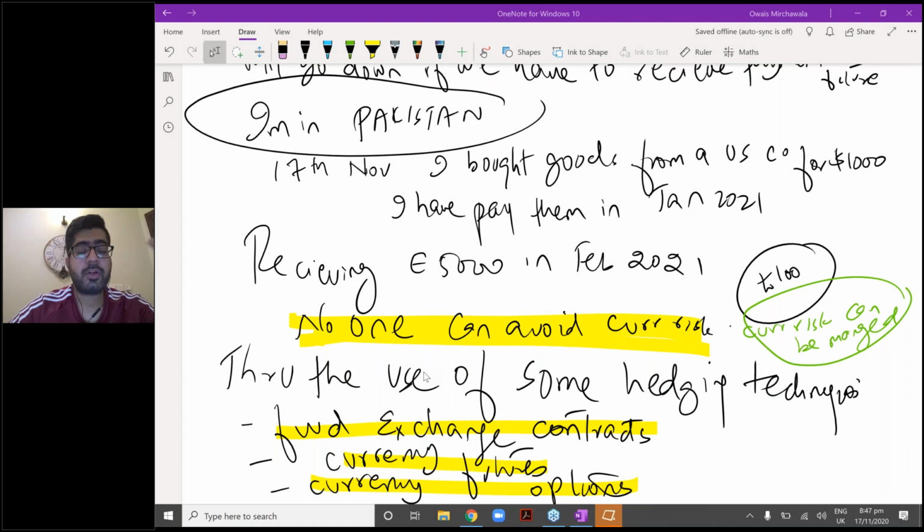So we are going to cover the most frequently examined hedging techniques, and those are 3. One is called forward exchange contract, one is called currency futures, one is called currency options. And if you want to study some other techniques, you can always contact me through WhatsApp, so we can do something about those other techniques if you want to study that. Okay, so let's move forward.